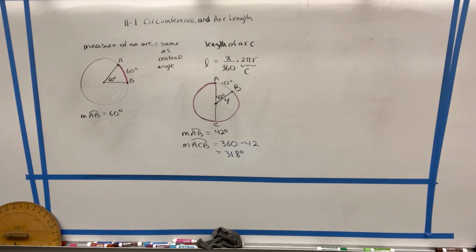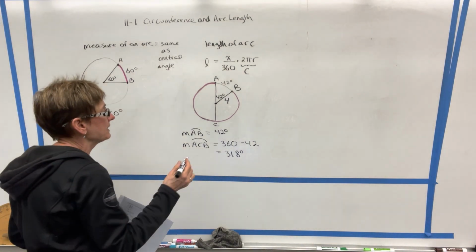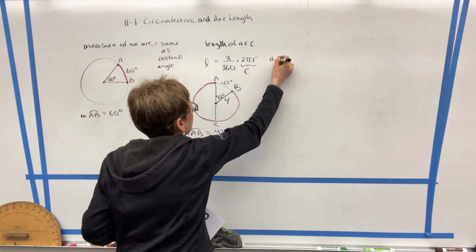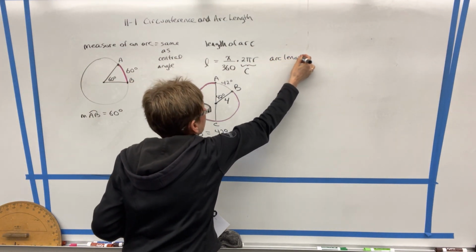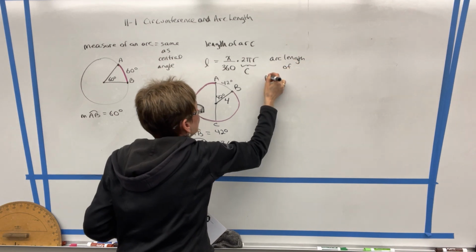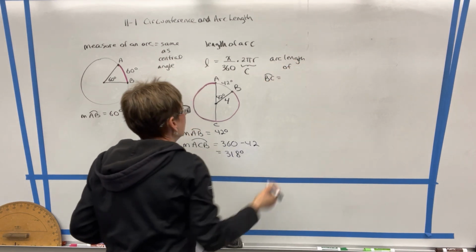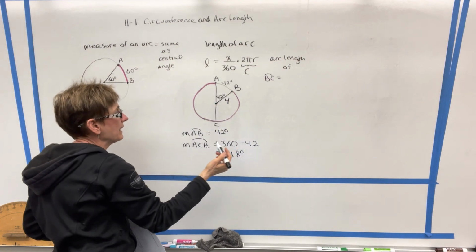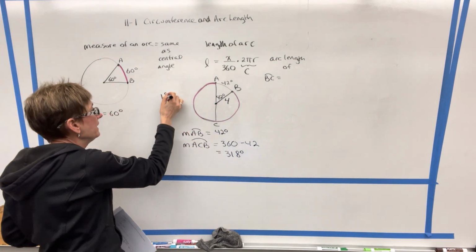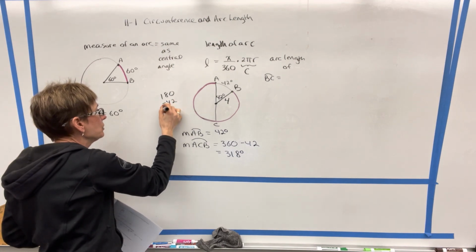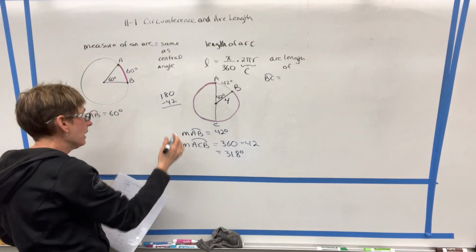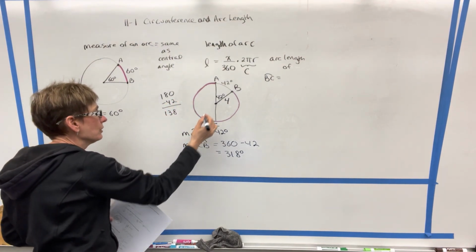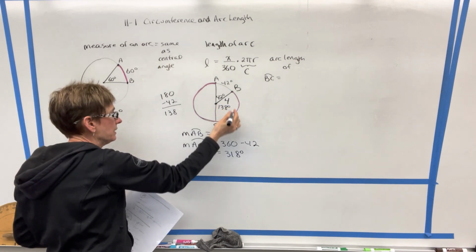However, if I want the arc length, let's find the arc length of BC. So arc length of BC. Okay, so I'm going to take the central angle that would be associated with that, which would be 180 minus 42, which is going to be 138 degrees. So from here to here is 138 degrees.